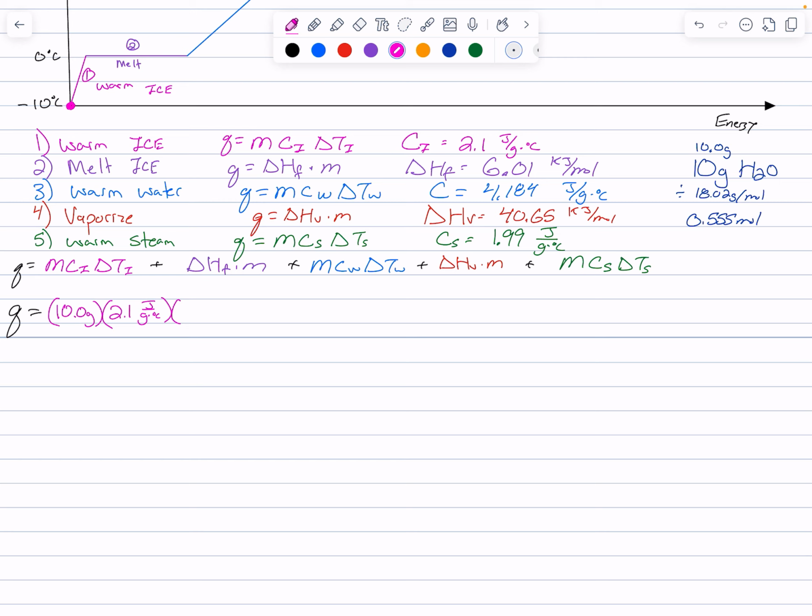The point of this is that you need to know that we're adding energy to this system, and the system is the 10 grams of ice at negative 10. We're adding energy to this system, so no matter what, the system is gaining heat. So everything should be positive. So this change is 10 degrees Celsius. Right, that's important. We have to know the direction of the heat transfer. We got to kind of understand what's going on there.